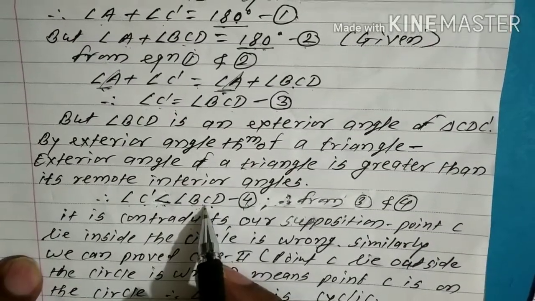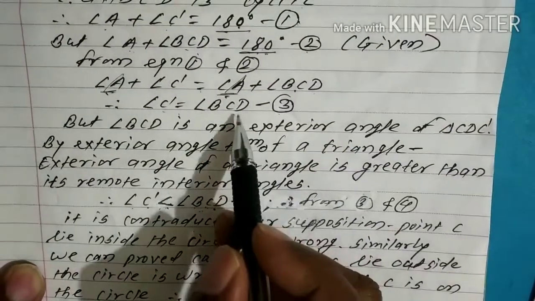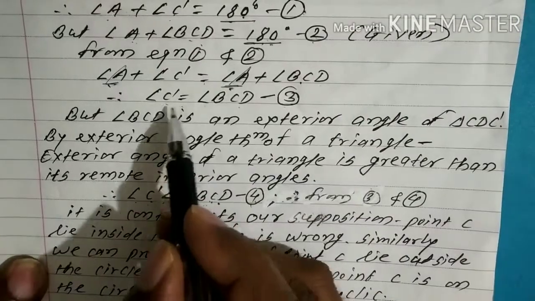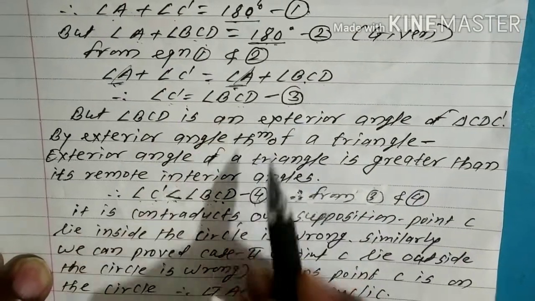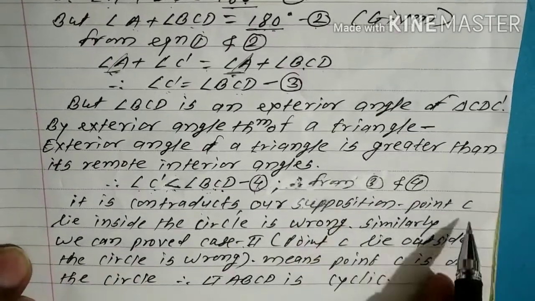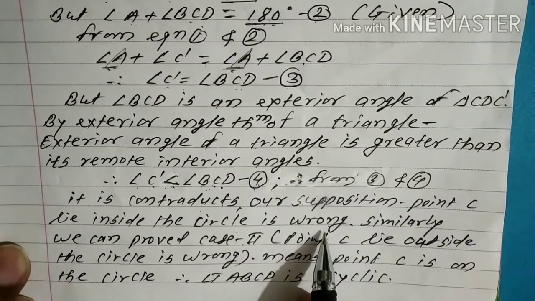This contradicts equation 3. In equation 3, C dash is equal to angle BCD, but here BCD is greater than C dash, so it contradicts. Our assumption that point C lies inside the circle is wrong.